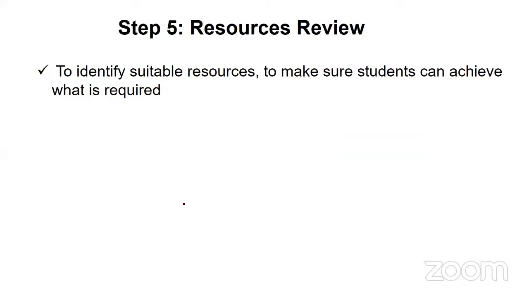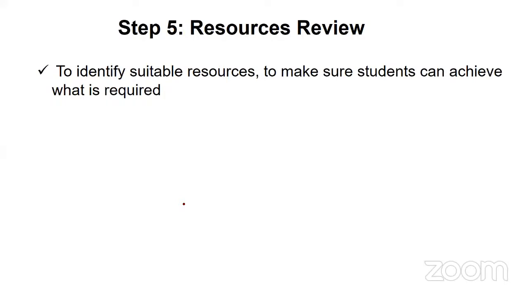Step 5 of problem designing is called resource review. You must be careful on this part. If you randomly find some data or information on the internet and just copy it and use it in your problem, sometimes it may be dangerous, because you need to check the authenticity of this document or information.